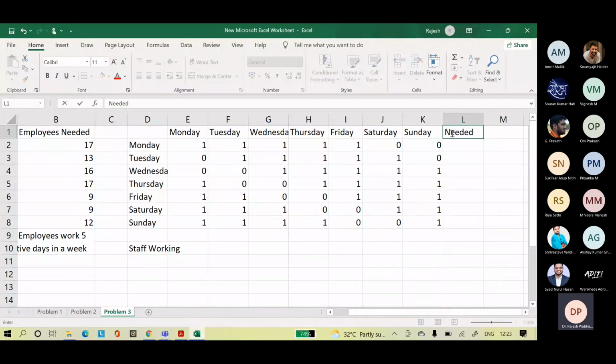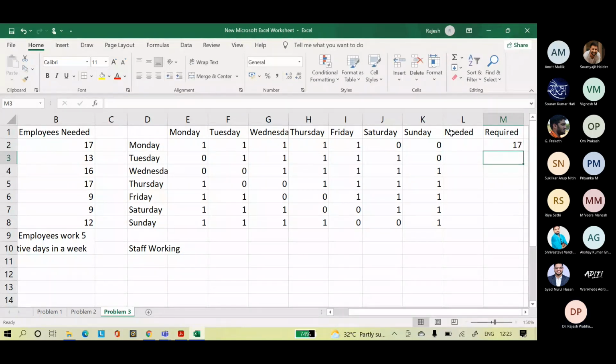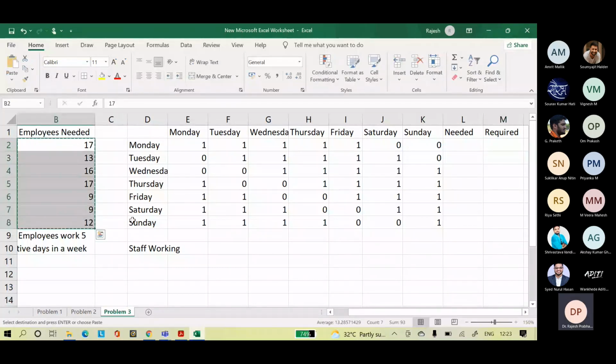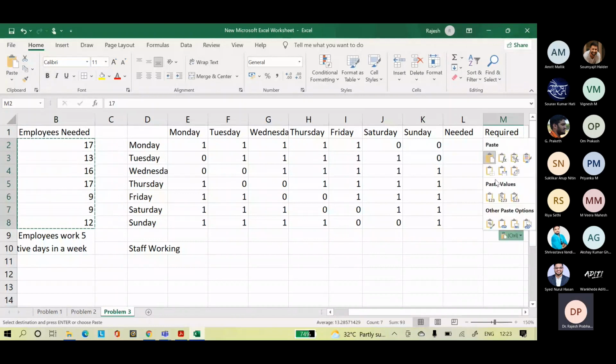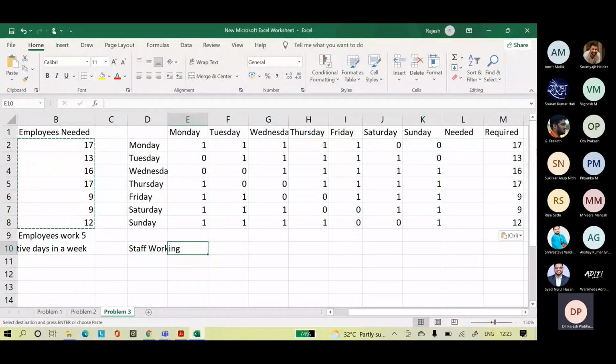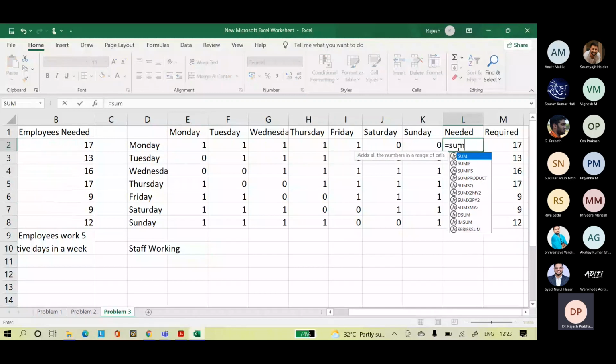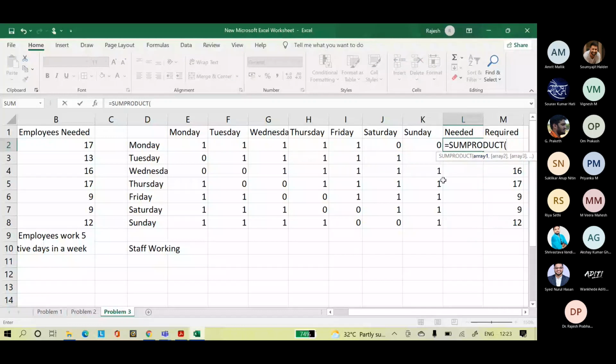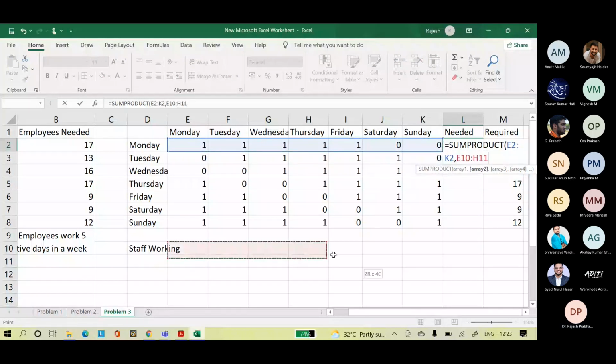Needed is this one. Required is this one. Required is 17. We can copy paste from here. Control C, Control V. This would be a sumproduct of this, comma, this.